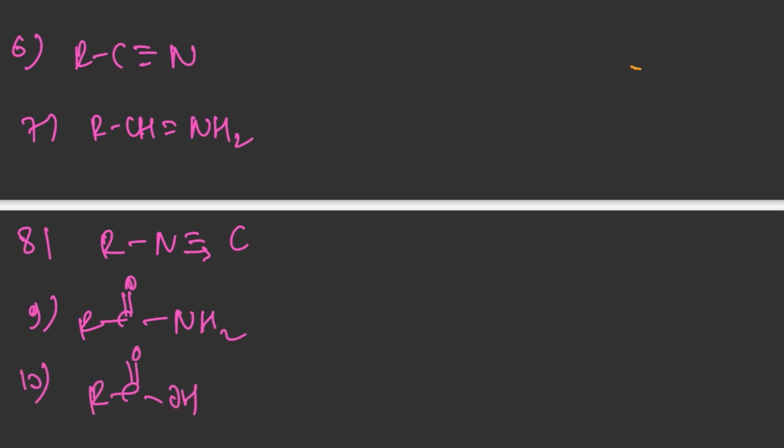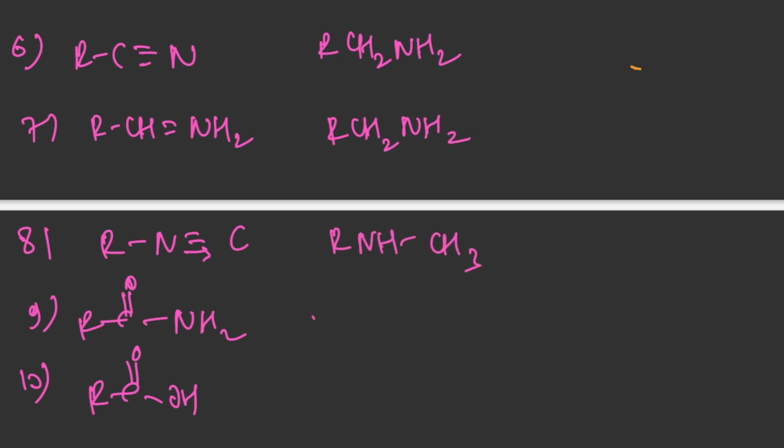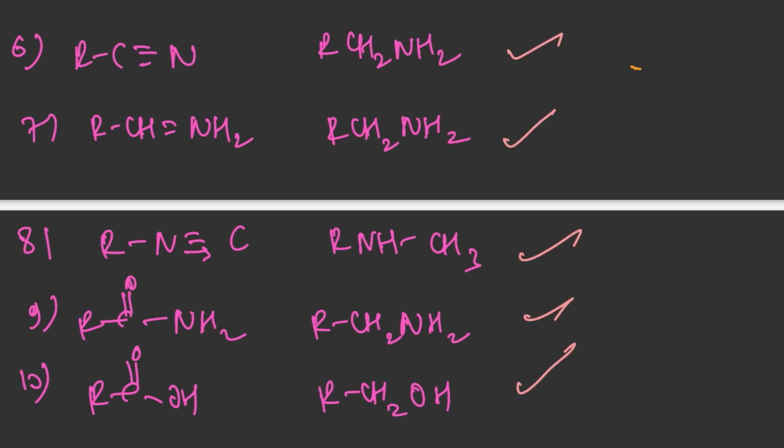So the products of these are CH3, RCH2NH2, RCH2OH. So will LiAlH4 react? LiAlH4 reacts, yes. It will give these. But it won't convert with NaBH4.